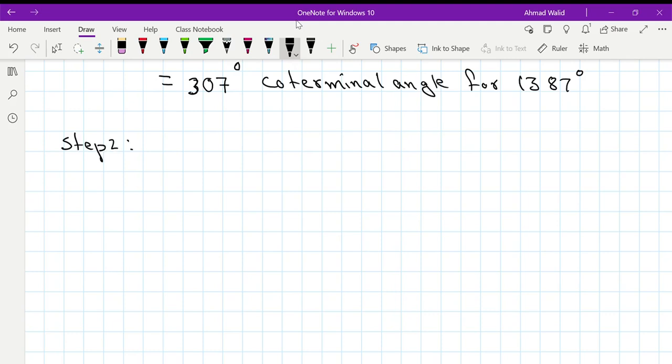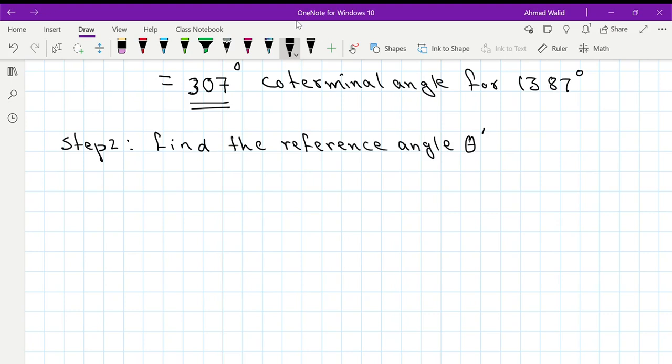In step number 2, find the reference angle theta prime. Reference angle for what? For this angle, 307.